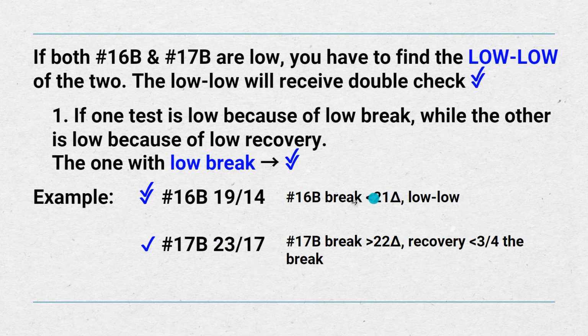So, wala na siya, low na sila ang kining 16B o 17B. So, i-may determine as ang low-low. Pero since ang kining 16B is na-low siya tungod sa iya low break, so muna siya gi-check na siya og low-low.